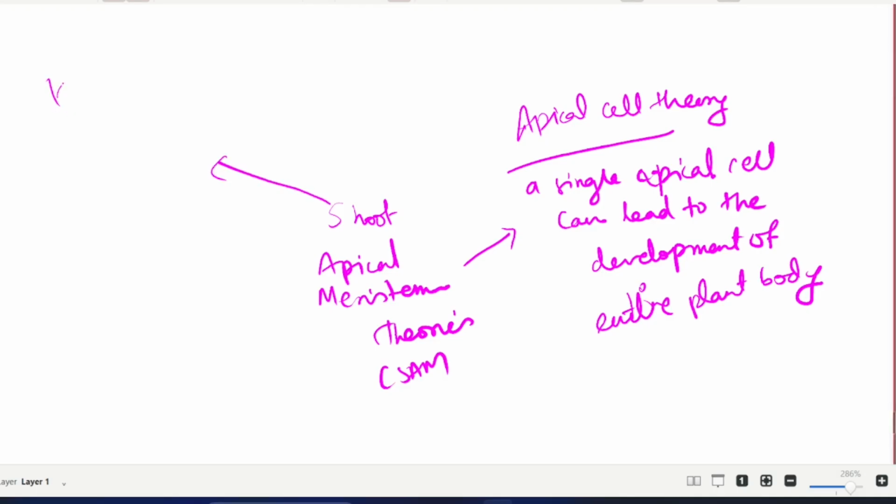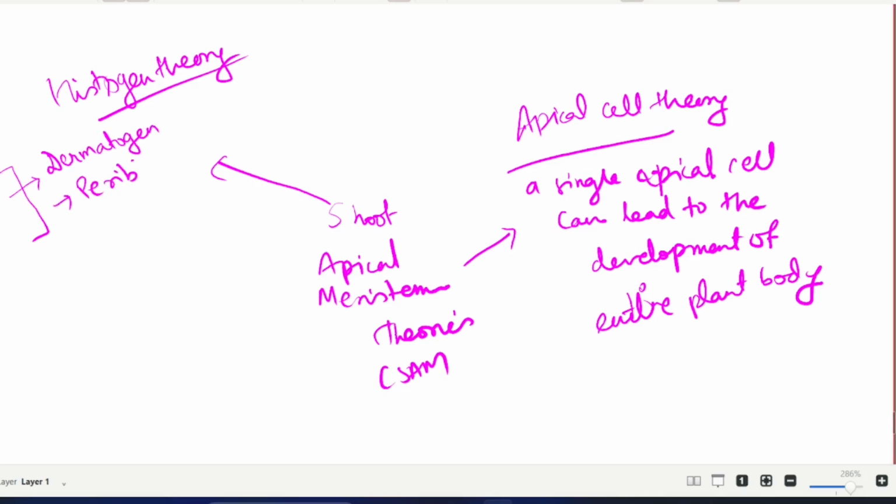Next one is the Histogen theory, where the histogens in the higher plants have three distinct layers: first Dermatogen, second Periblem, and third Plerome.